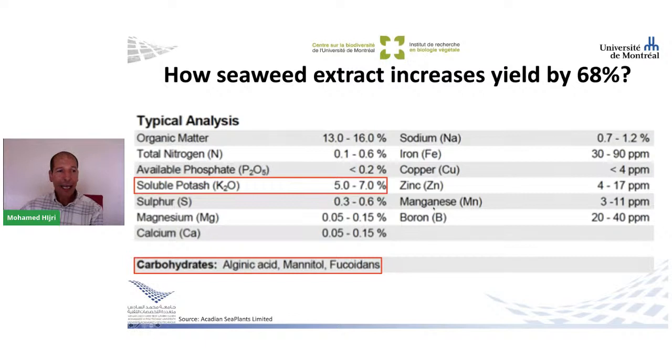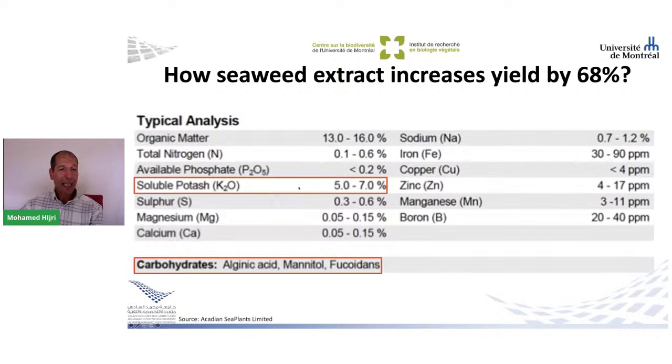If you look at its composition, it contains quite interesting oligo-elements, including zinc. It is not a large amount, but it still has a good amount of zinc, and also boron and other oligo-elements.